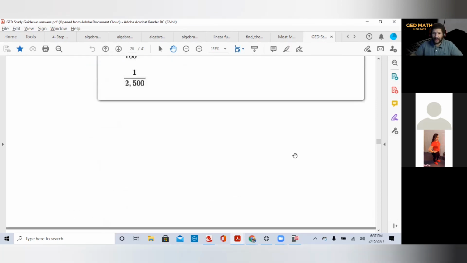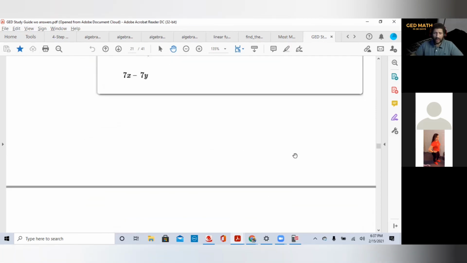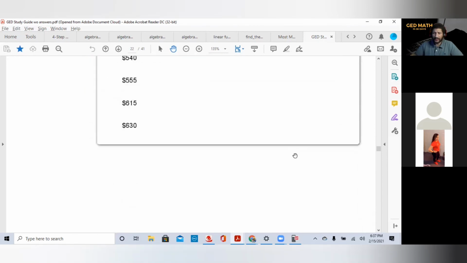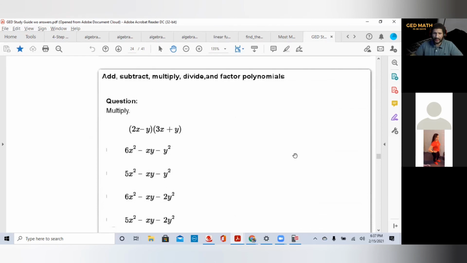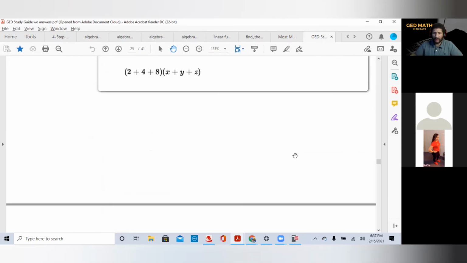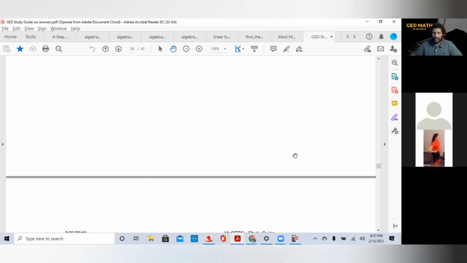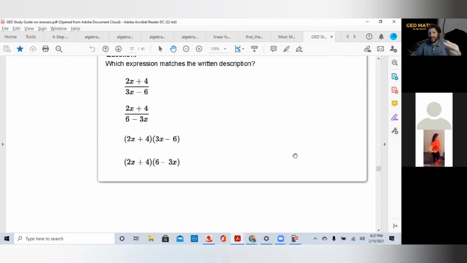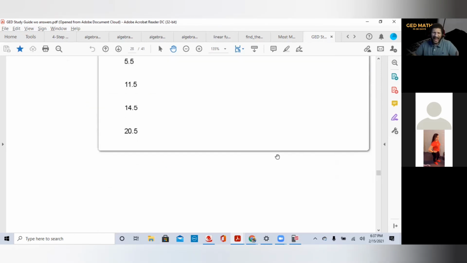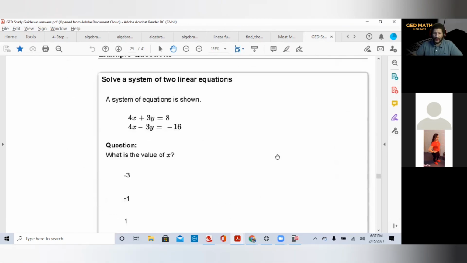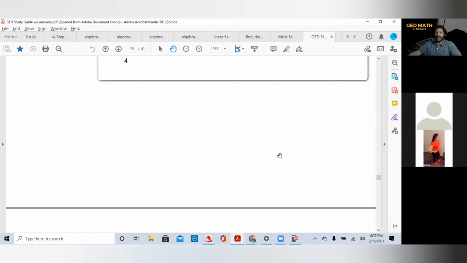You notice there's quite a few linear equations. There's an algebraic expression. There's another algebraic expression. And again, we'll go over these most commonly missed questions. We'll almost do this entire guide before we finish. But that's it for tonight.